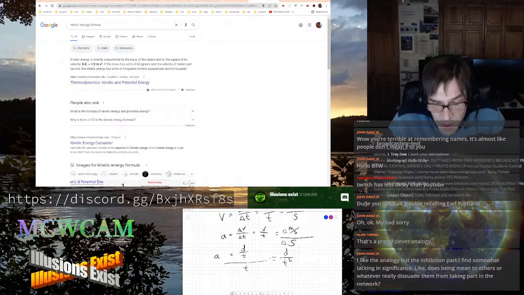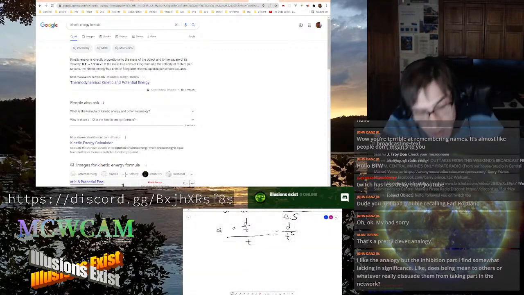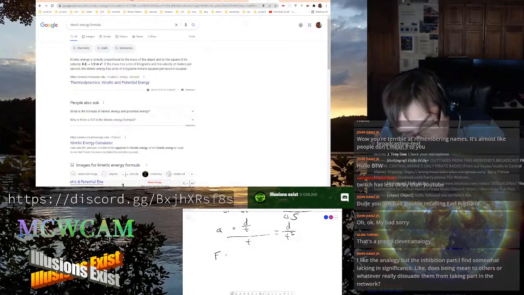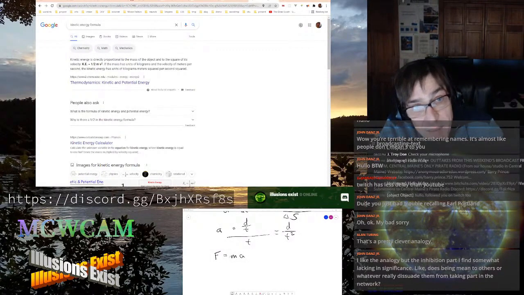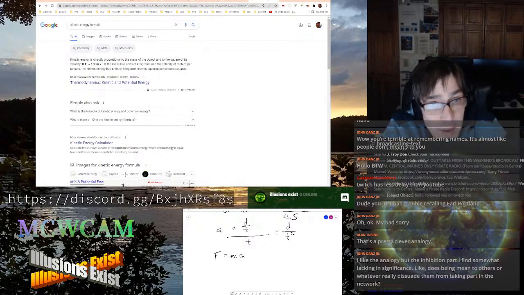Now, when you go to the next level, you have force. Force equals ma, right, which would be delta m, but m never changes unless you have a nuclear reaction where mass is changing into energy, so it can actually change.